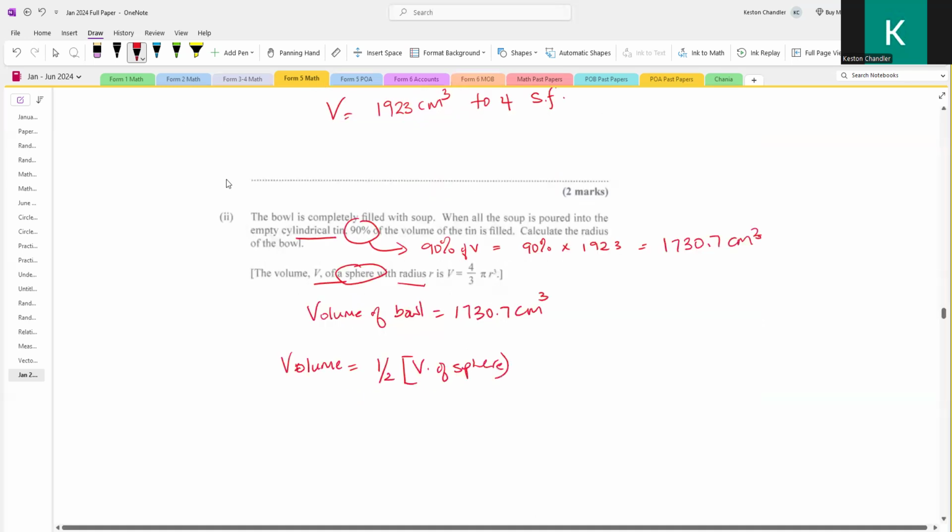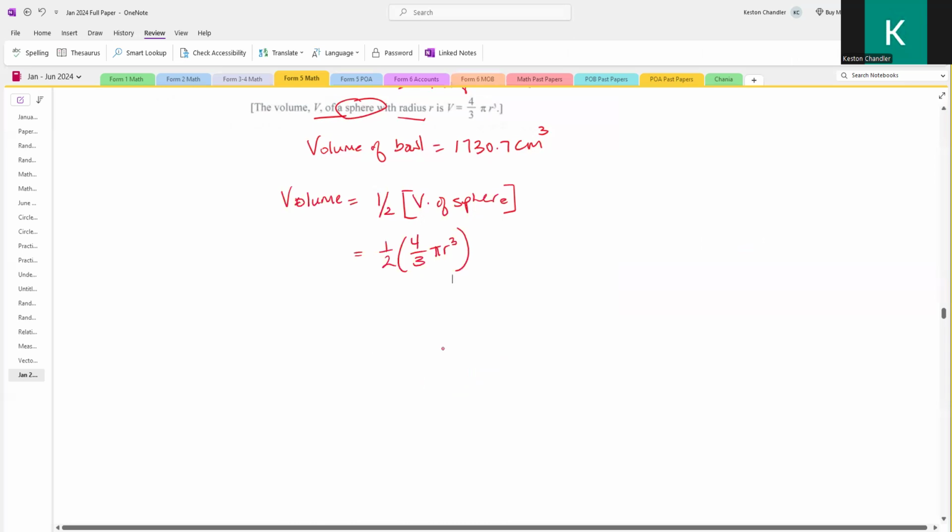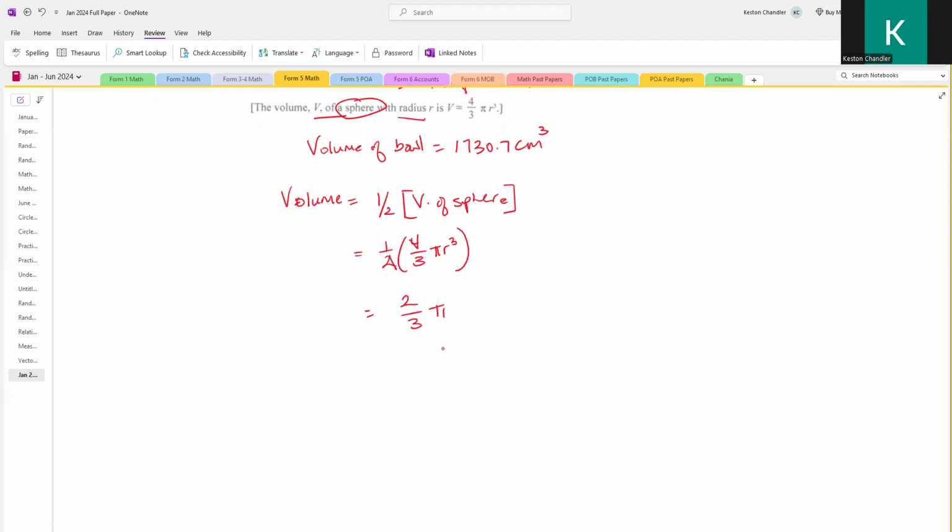Give me a thumbs up if you agree with that. So a half by 4/3 pi r cubed. We can cancel this here with this here. So you get 2/3 pi r cubed, right?